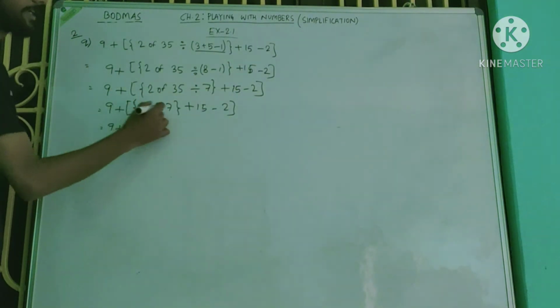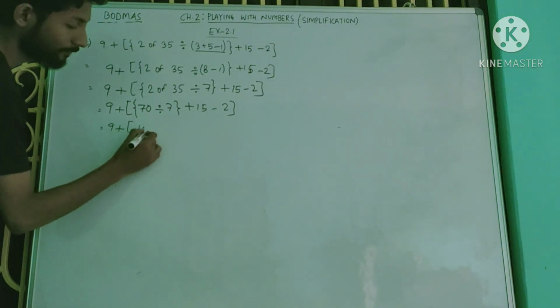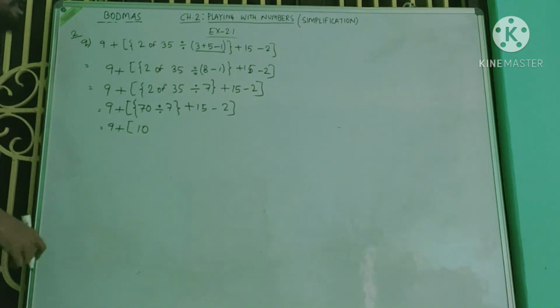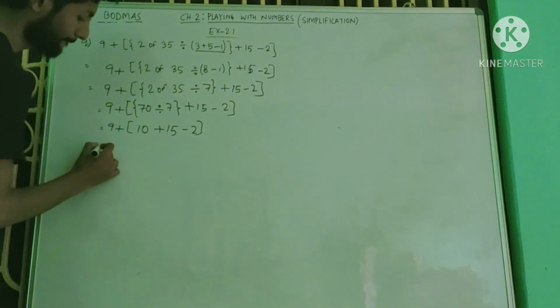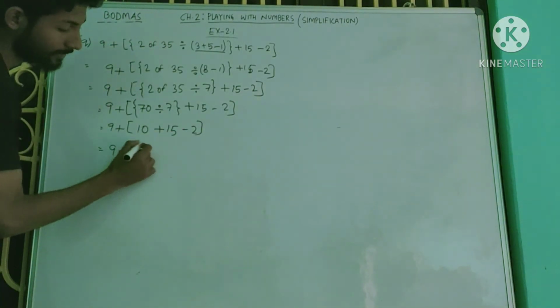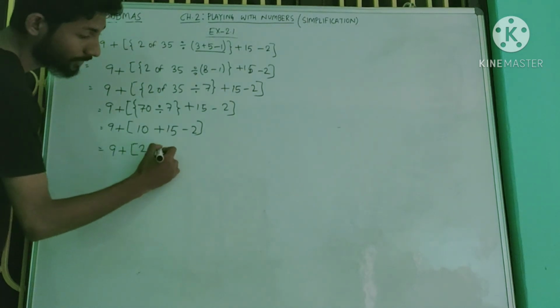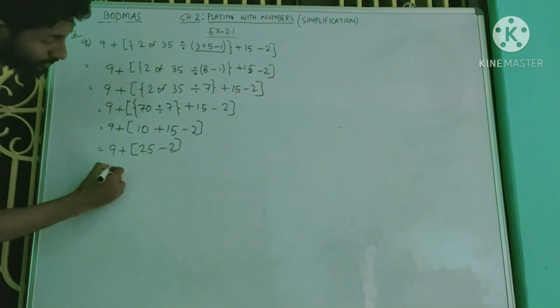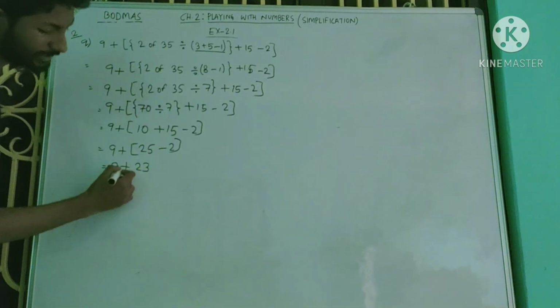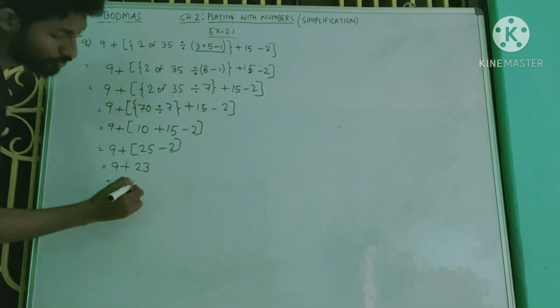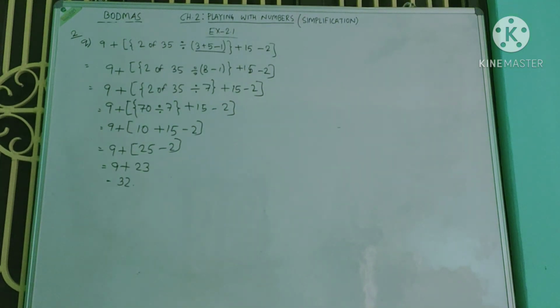Now 9 plus 70 divided by 7 is 10, because 10 sevens are 70, plus 15 minus 2. Now here 9 plus 10 plus 15 is 25 minus 2, which means 9 plus 25 minus 2 is 23. So 23 plus 9 is 32.